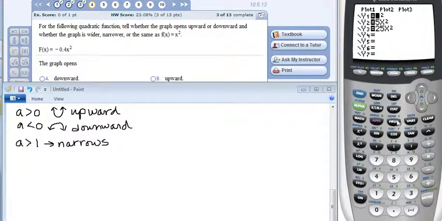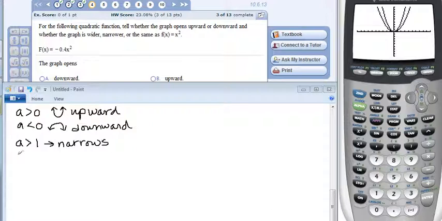Well, let's see if we put in something that's underneath 1, if it's between 0 and 1. So let's put in 0.5 x squared. Let's see what happens then. Here's your original. There's your new one.